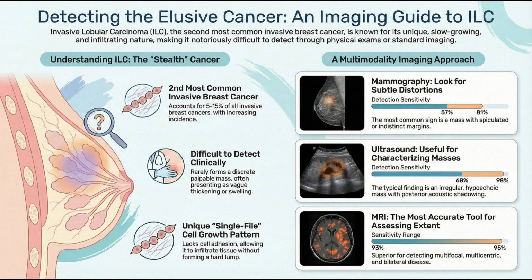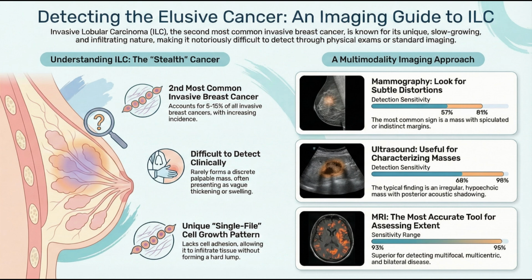Magnetic resonance imaging is considered the single most accurate modality to assess the full extent of the disease in a new ILC diagnosis. With a sensitivity between 93% and 95%, it provides the resolution and detail you just have to have. That high sensitivity is so critical, especially when we hear that ILC is twice as likely as IDC to be multifocal or multicentric. MRI must be absolutely essential for surgical planning then.